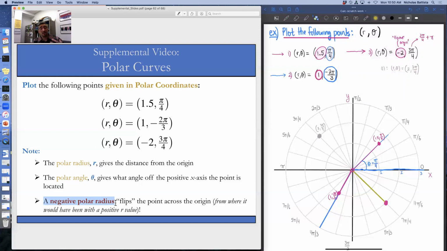However, its angle is now 7 pi over 4 because we added pi to the original angle. So this is our point, negative 2, 3 pi over 4. It's also equivalent to the point positive 2, 7 pi over 4.